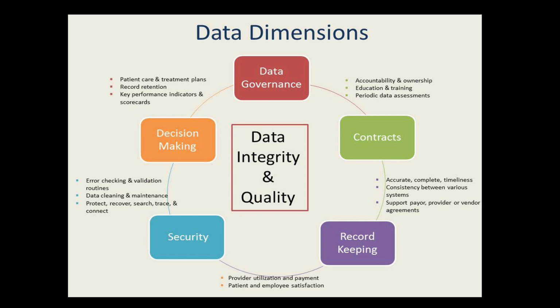For decision making is the provider utilization and payment, patient employee satisfaction. Security is error checking and validation, routines, data cleaning and maintenance, protect, recover, search, trace, and contact. And finally, data governance, patient care and treatment plans, record retention, key performance indicators, and scorecards.